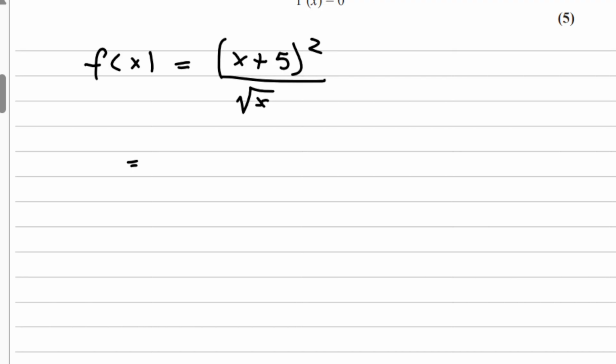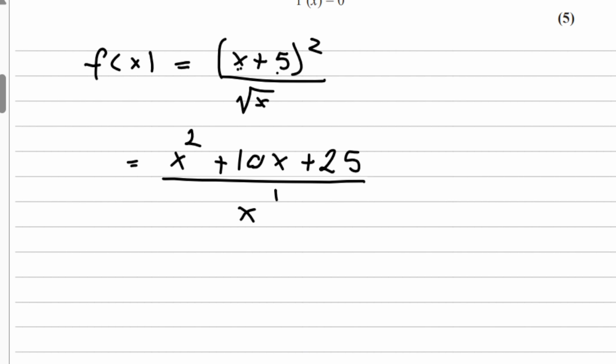The easier way is: the first one is squared, so x squared, plus 2 times the first times the second. 2 times x times 5 is 10x, plus the second one is squared, which is 25. All this is divided by x to the power of a half. If you didn't understand how I got this, you can just expand them like this: x plus 5 and x plus 5 gives you x squared plus 10x plus 25.